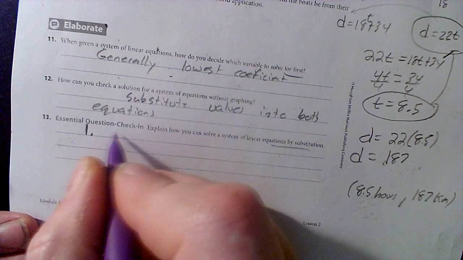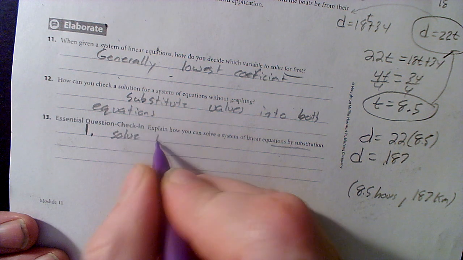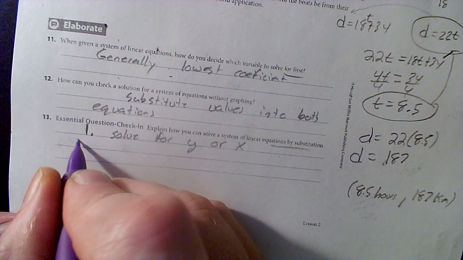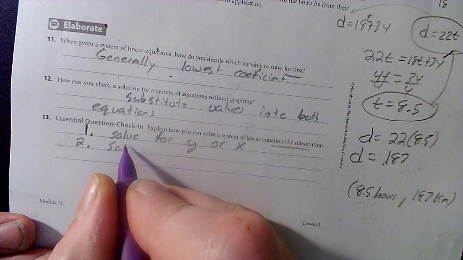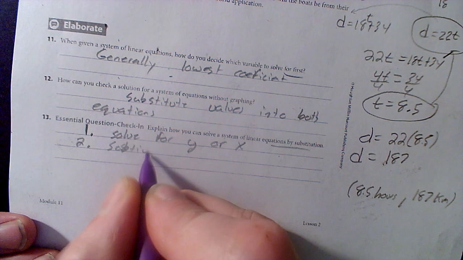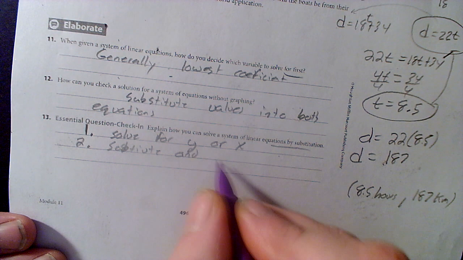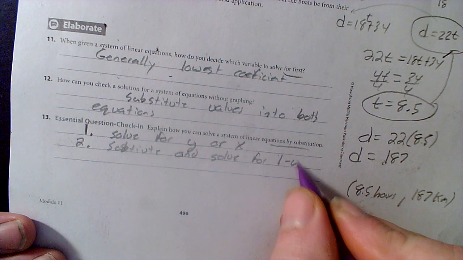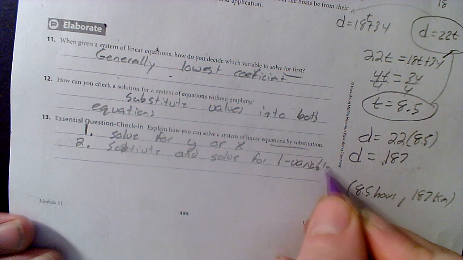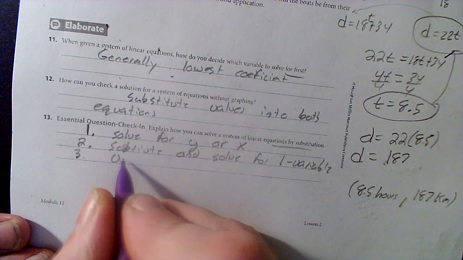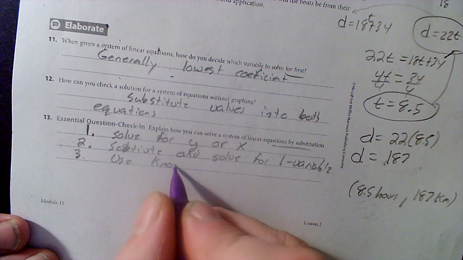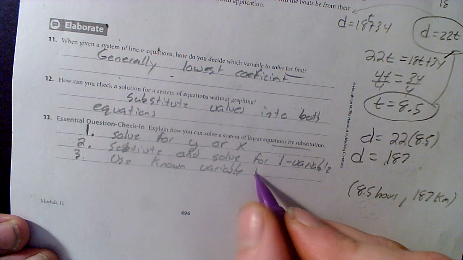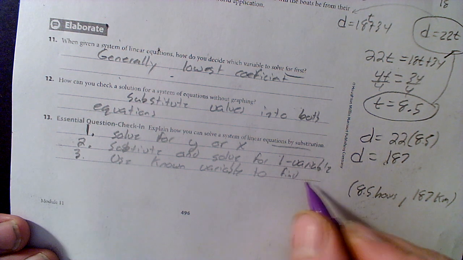Well, we've got our notes. 1, solve for y or x. 2, substitute and solve for one variable. 3, use known variable to find unknown.